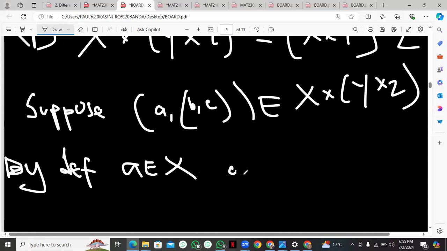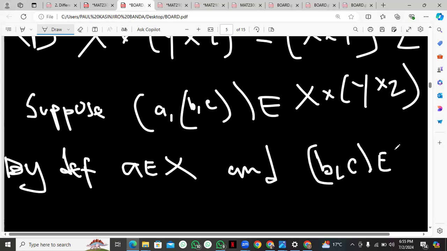And the coordinate B, comma, C is actually a member of this set here, Y multiplied by Z. So this is what we have by definition, right?